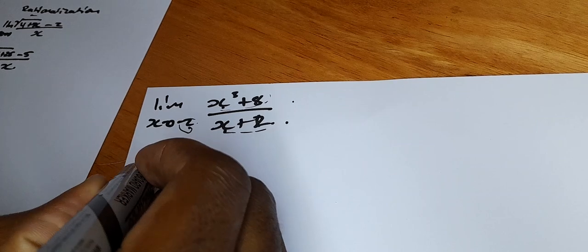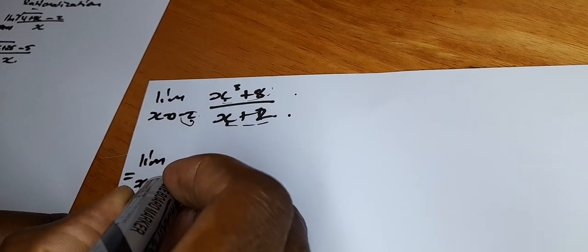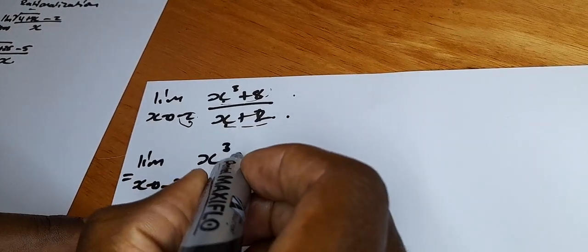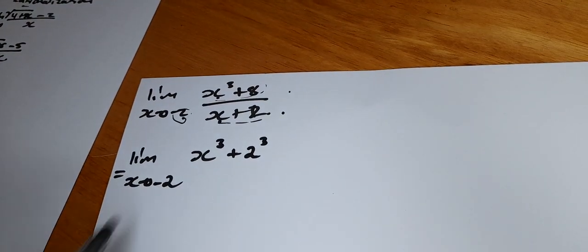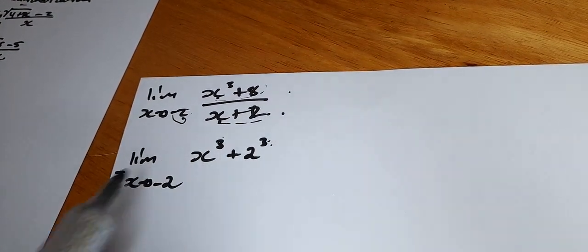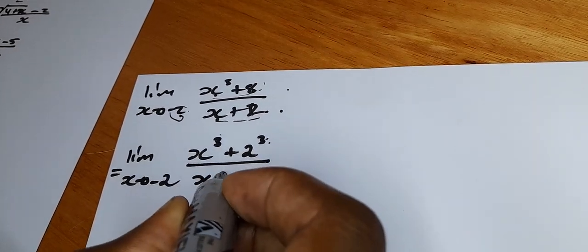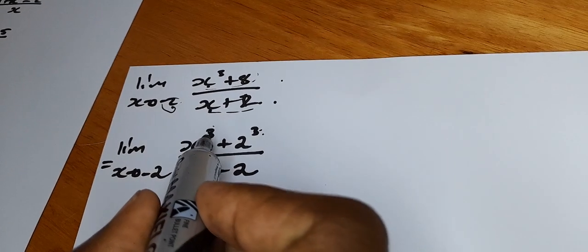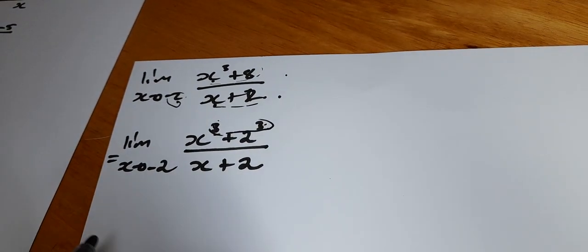So if we change our 8, this will be equal to the limit when x approaches negative 2. This is x to the 3, and then plus 2 to the 3. They must have the same exponent. Then now all over x plus 2. Then from here, since they have the same exponent, then now we can factorize.